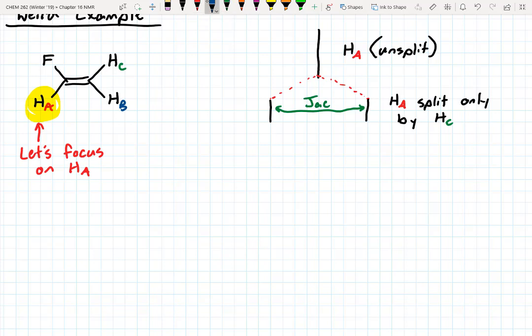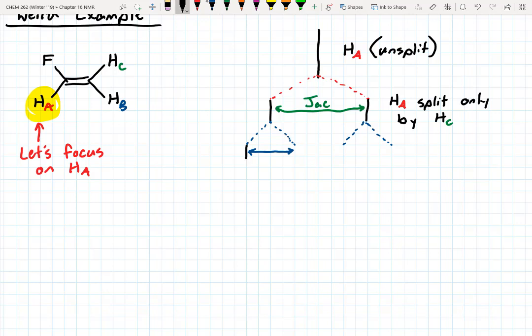And this one's going to be a bit different. The proton B is going to split it to a much lower degree than proton C. So when we measure this, we're going to have some signal that's this far apart, and we're going to split this peak in half.